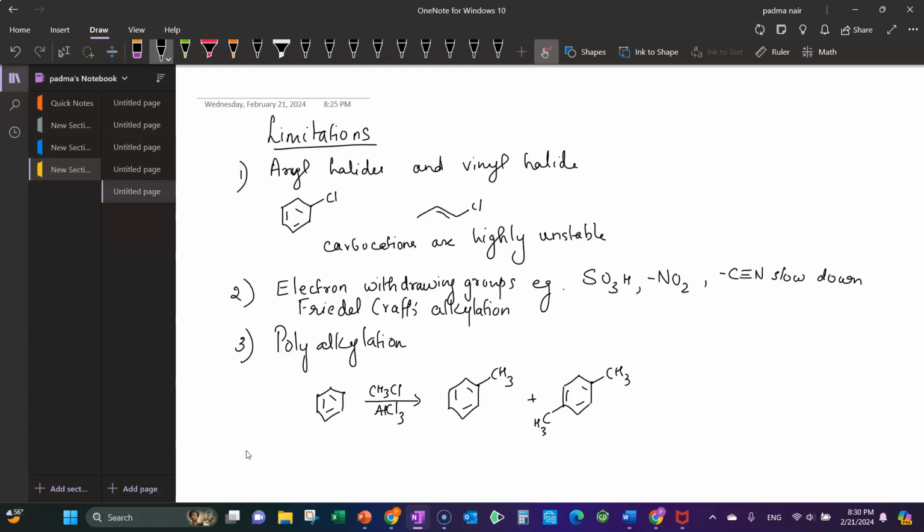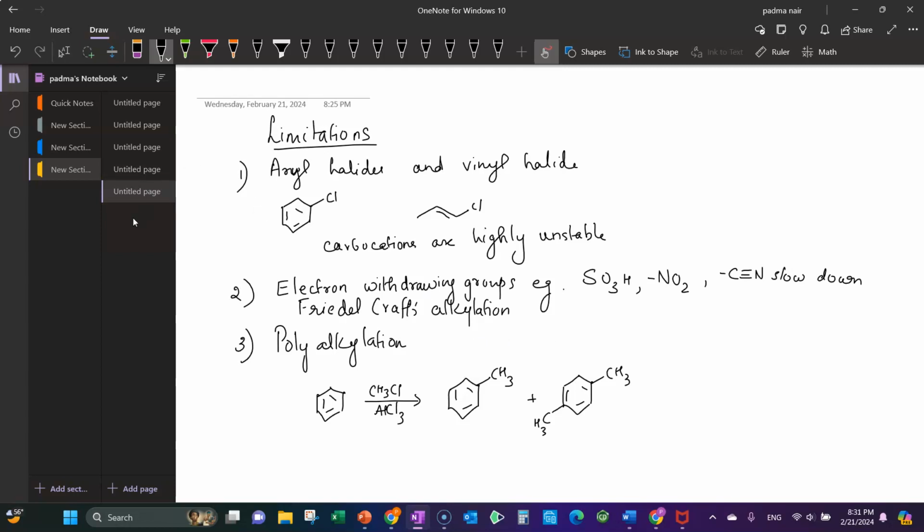And then finally, the fourth and major limitation is that rearrangements can happen for the carbocation. So if you have a probability of hydride shift where a primary carbocation can rearrange to a more stable secondary or tertiary carbocation, then we can also get rearranged products in our reaction mixture.